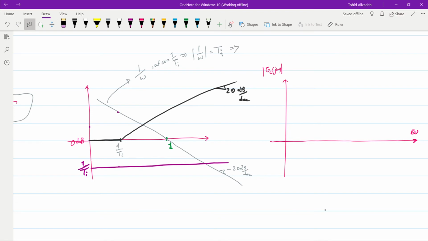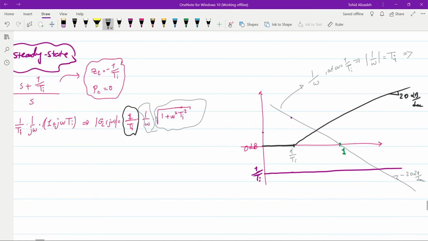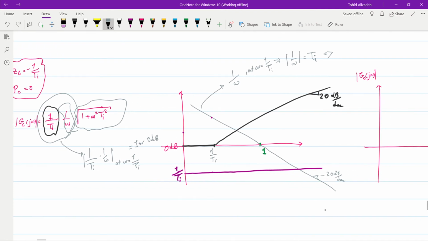Therefore, if I consider the two components together, 1 over Ti times 1 over omega, the amplitude at omega equal to 1 over Ti will be equal to 1, or 0 decibel. So at this frequency of 1 over Ti, we will have Ti as the value. And we can convert it into decibels, of course.